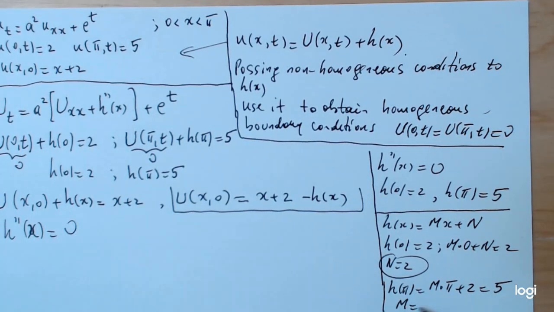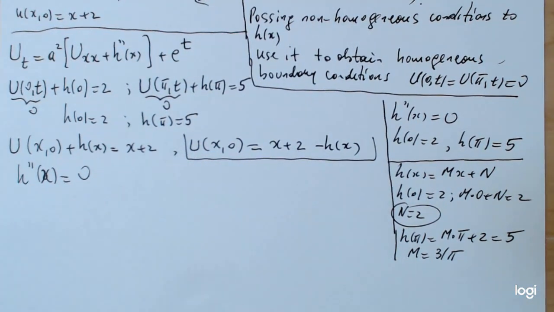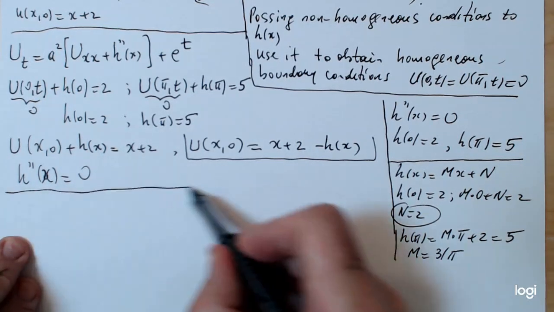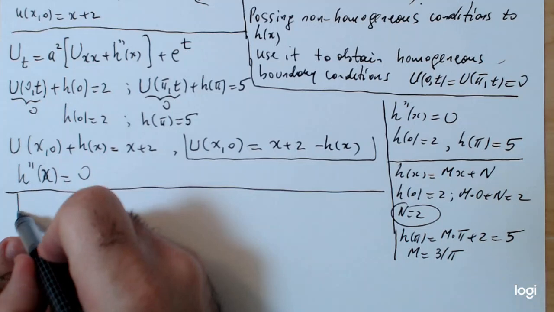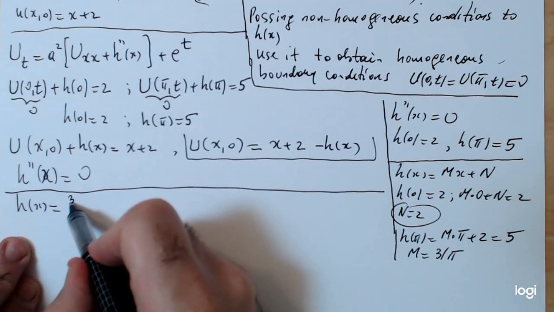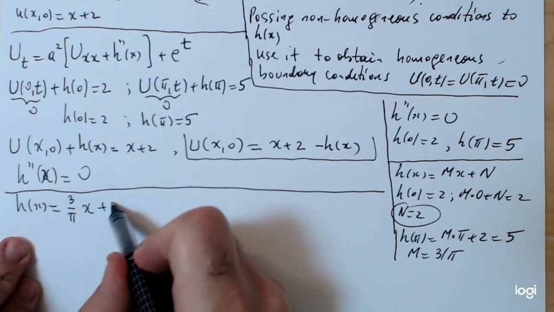That gives me m equals 3 over pi. Okay, so with that being said, h of x is equal to 3 over pi times x plus 2.